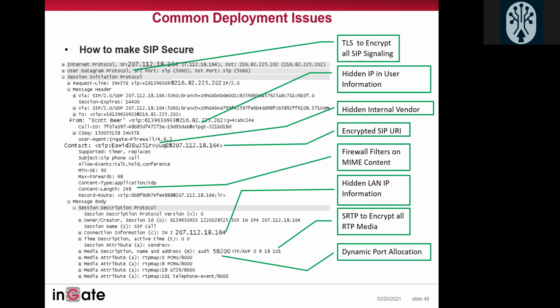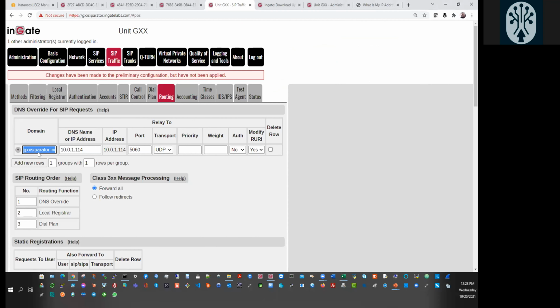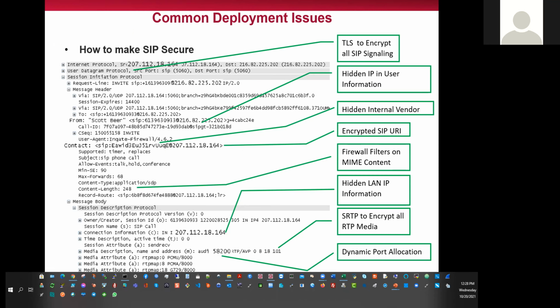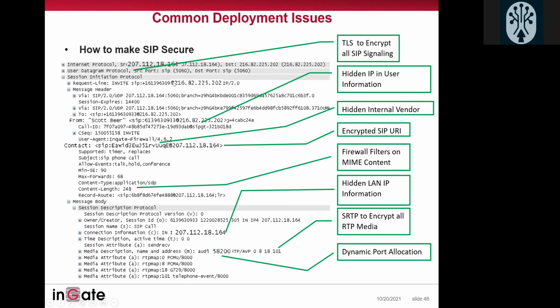The Ingate is going to say, that is a domain that I know, because I have it in my DNS override table. My DNS override table tells me that if I see any request coming to that domain, send it to this place. So now this invite, this G01 separator.engagelabs.com, that is now being forwarded to the PBX will change.